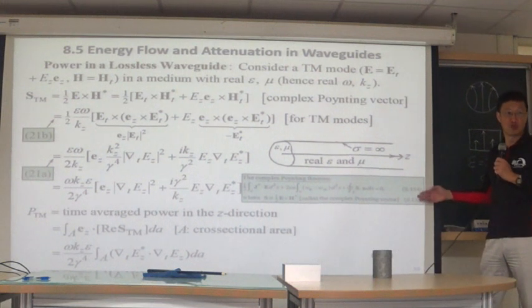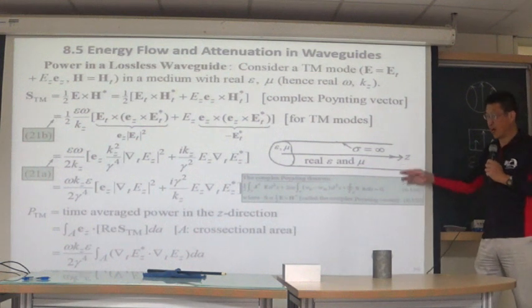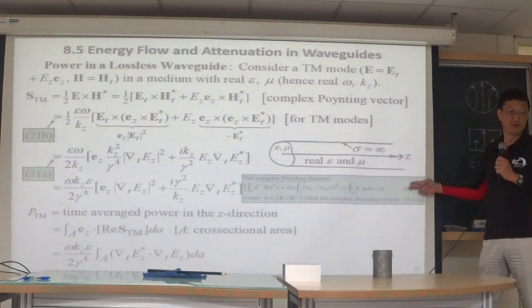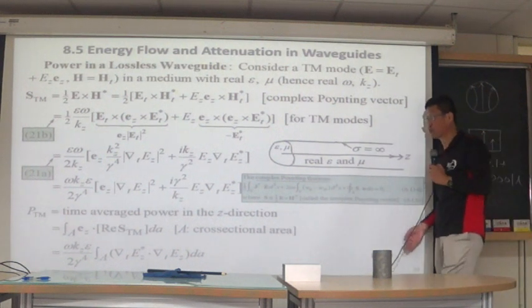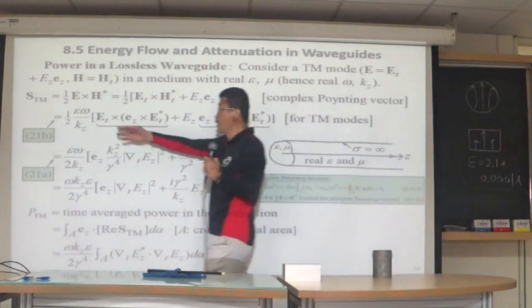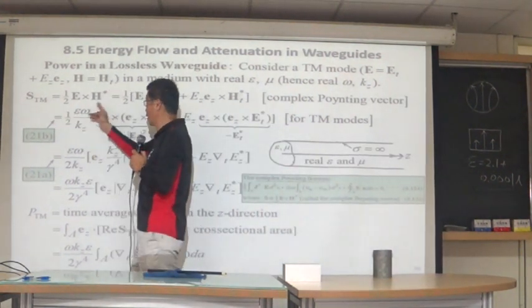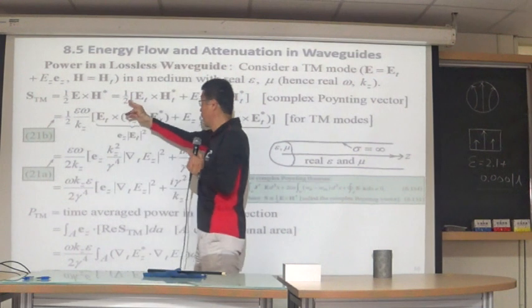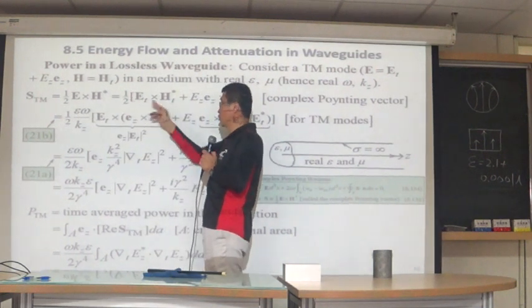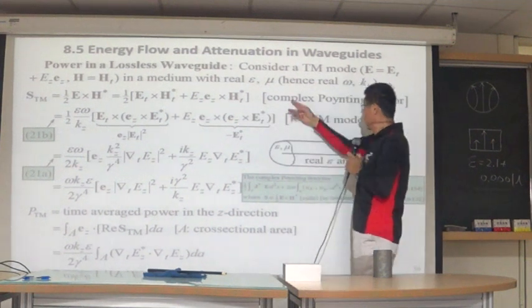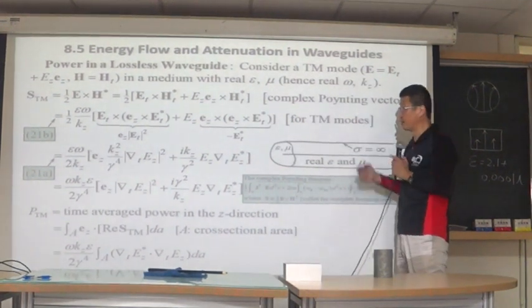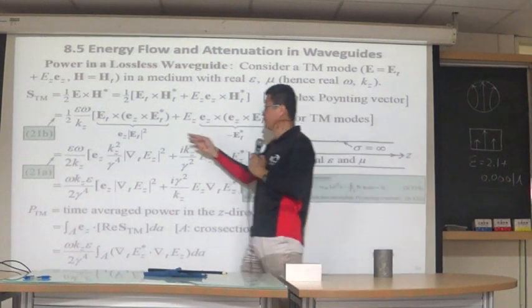Actually, we test your understanding twice. So in principle, you should remember there is a complex pointing theorem. That's the definition, and 1/2. That's the complex pointing vector.